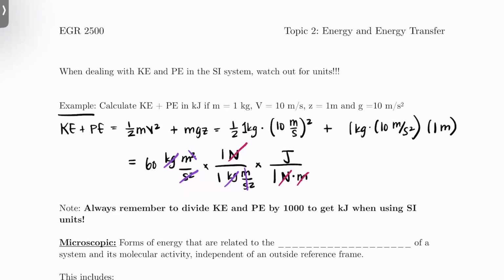And then we also take care of this last meter that was left over. And then finally, we want to convert to kilojoules. So I have 1,000 joules in a kilojoule. There we go. All right, so this is equal to 0.06 kilojoules.